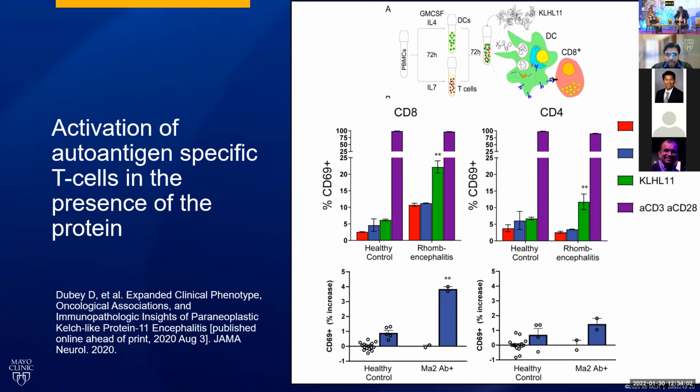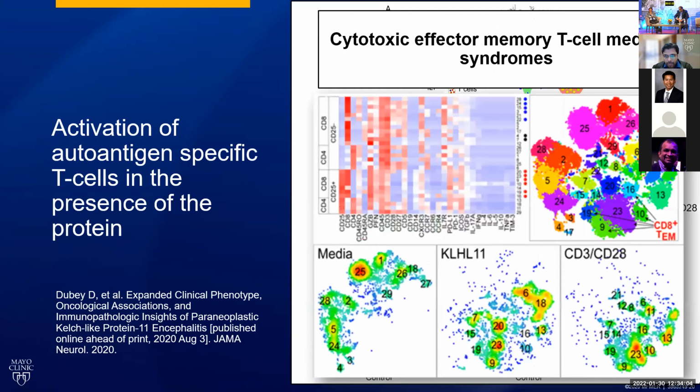We did additional subcategorization of these cells using CyTOF techniques. And what we found was that the cells which were activated were cytotoxic effector memory T cells, which hang around even after the underlying tumor is removed in many of these patients, highlighting the importance of chronic immunosuppressive therapy.